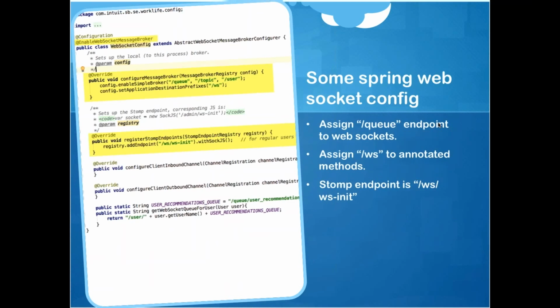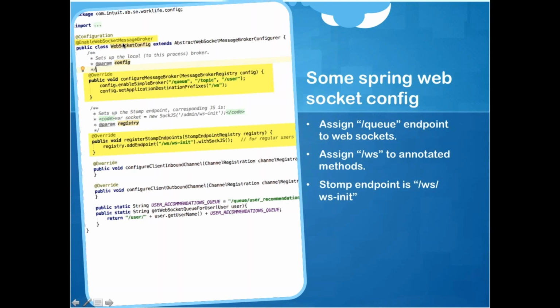Okay, going forward, some backend code now. This class, WebSocketConfig, is the actual config for Spring. We have the @Configuration annotation; if you know Spring, this is the one that tells Spring that this is a configuration file.